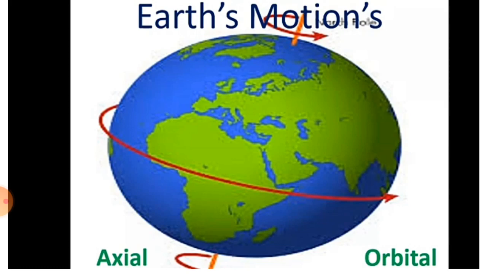When earth spins or rotates around its axis, that movement of spinning is called rotation of the earth. That is axial motion. And when earth spins or revolves around the sun, that movement is called revolution of the earth. That is orbital motions of the earth.